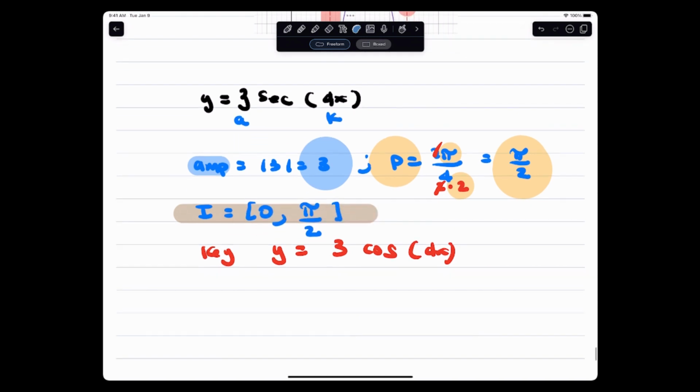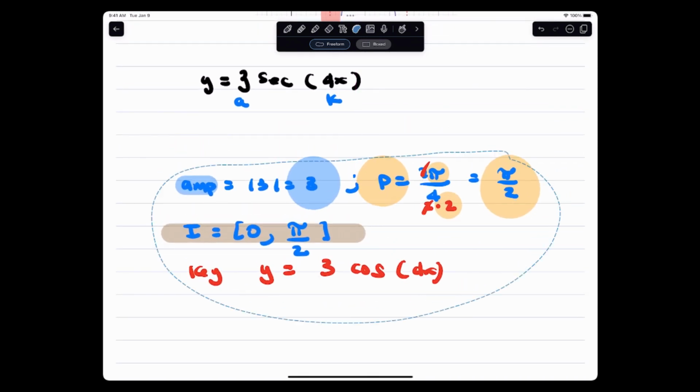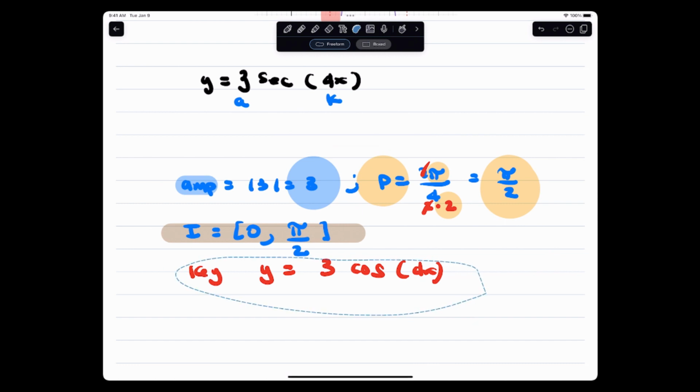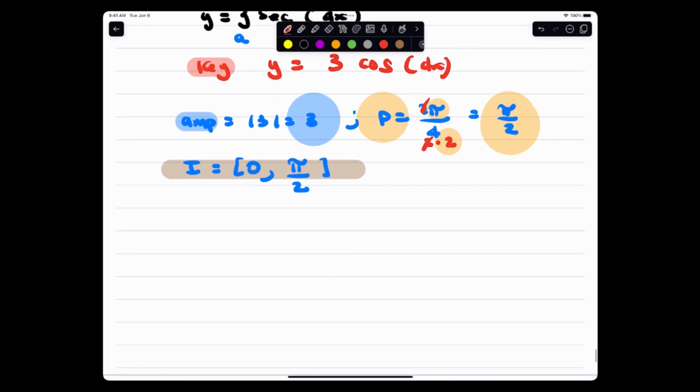This is why we're finding all that information. This is what we call the reciprocal functions. So let's get to work on this.